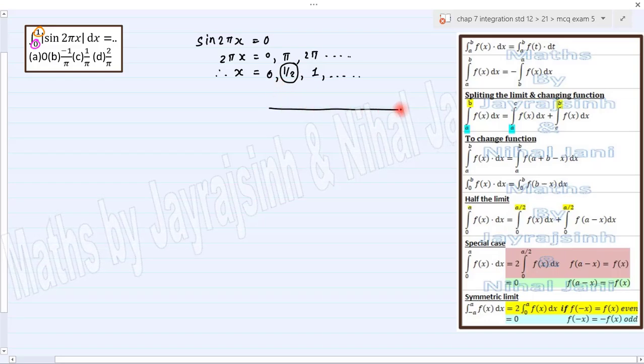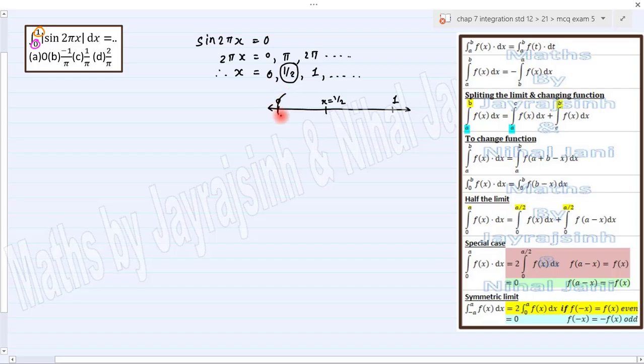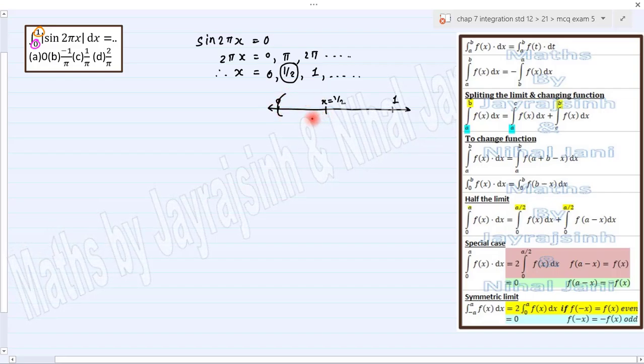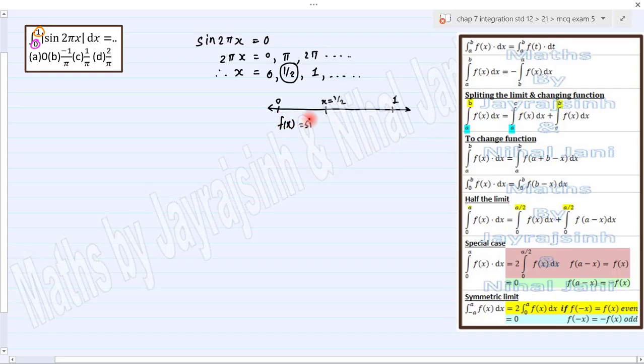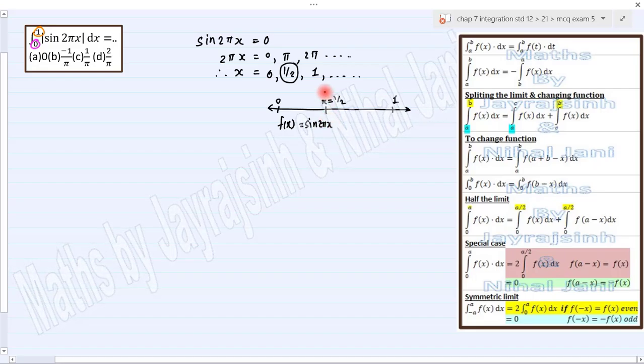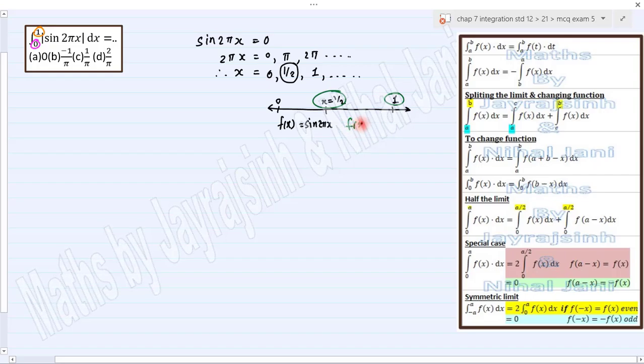So let's plot on a number line. For the first interval, from 0 to 1 by 2, your f(x) will be positive. So it will be sine 2 pi x. And between 1 by 2 to 1, your function will be negative. So it will be minus sine 2 pi x.